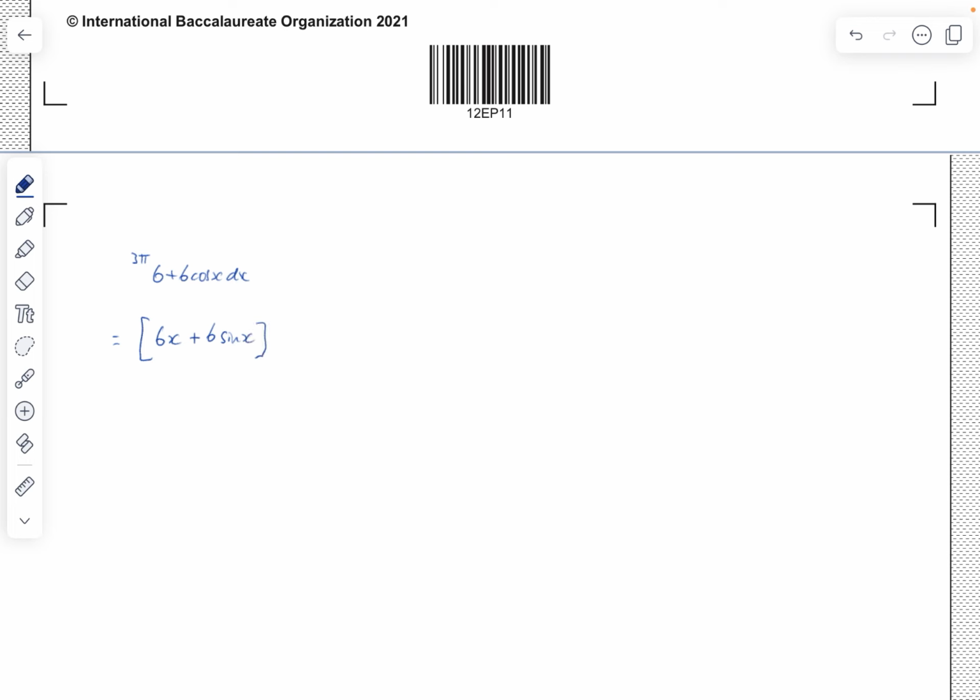That should be a 0, that should be a pi. Between pi and 3 pi, which is 6 times 3 pi plus 6 times sine 3 pi, subtract 6 times pi plus 6 times sine pi.